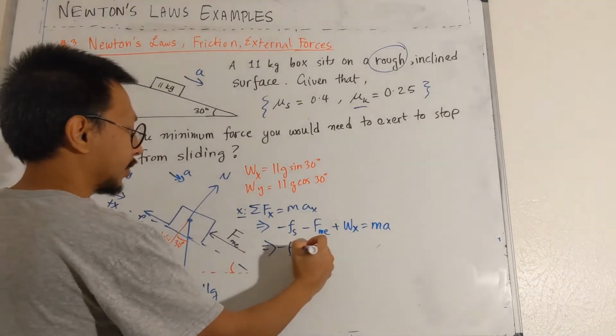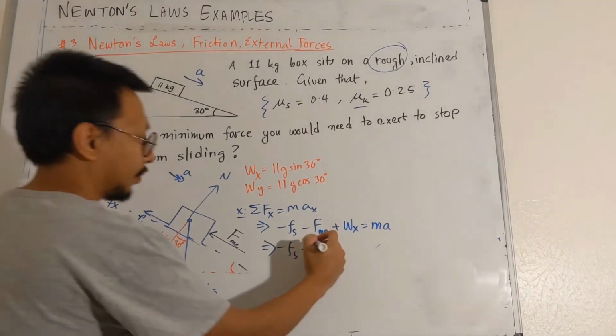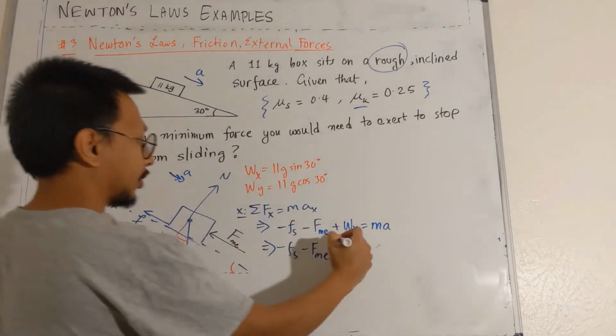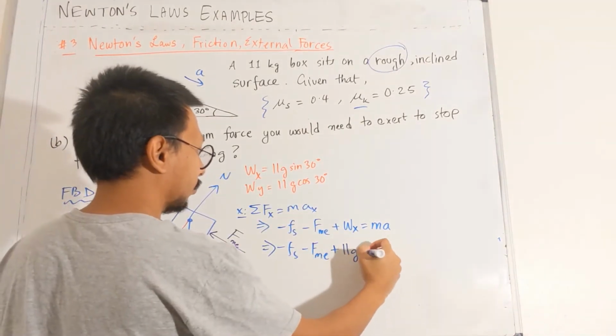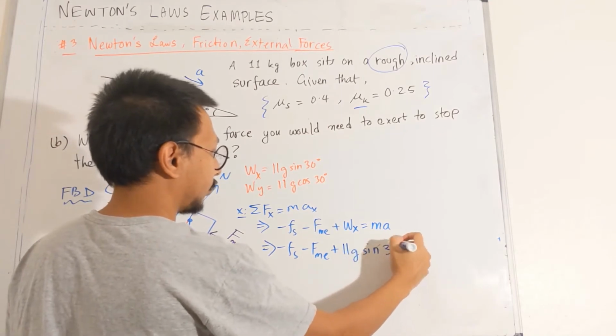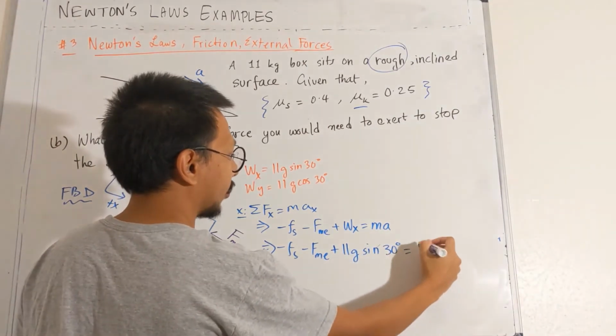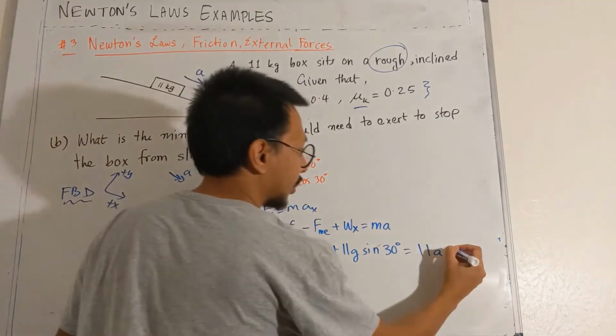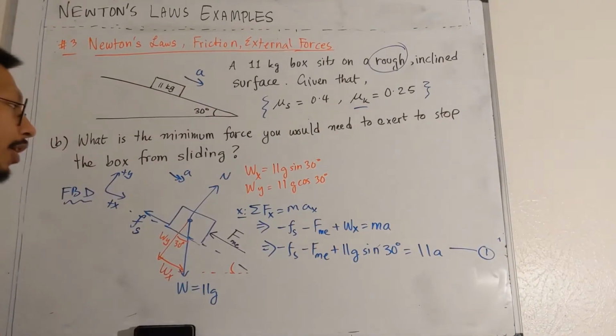Minus Fs minus F me plus Wx, which is 11 g sine 30, is equal to 11 times A because mass is just 11. This is, let's say, equation 1.